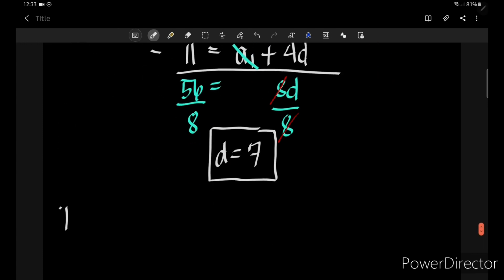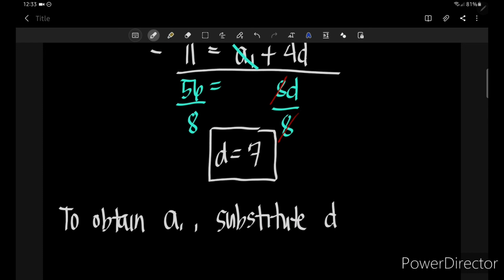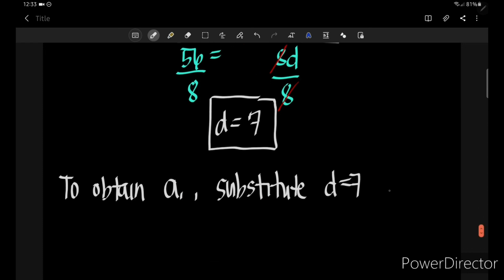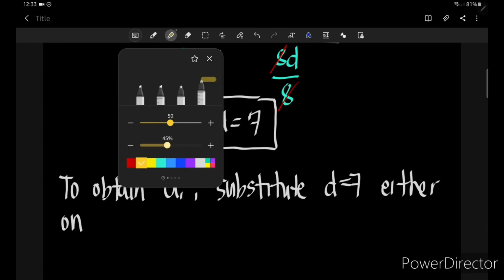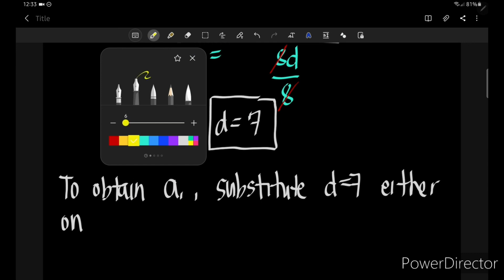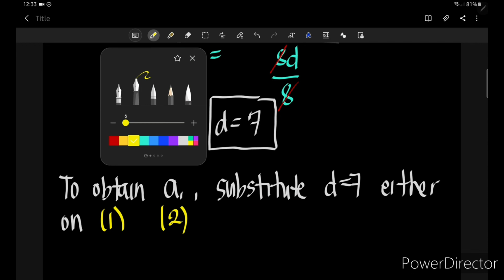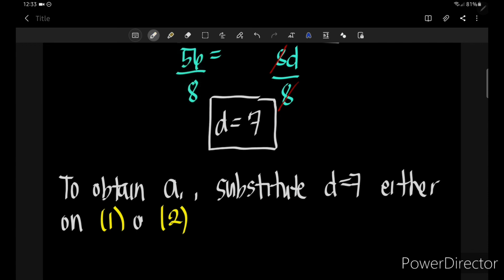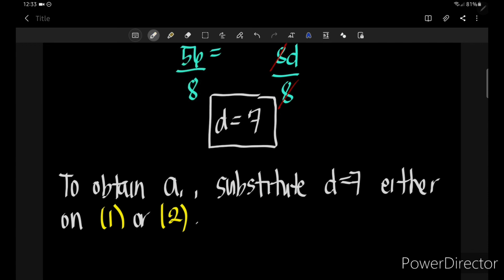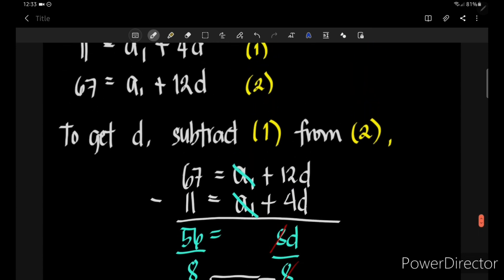To obtain a sub 1, substitute d equal to 7 either on equation 1 or on equation 2. Okay. So let's say piliin natin si equation 1.